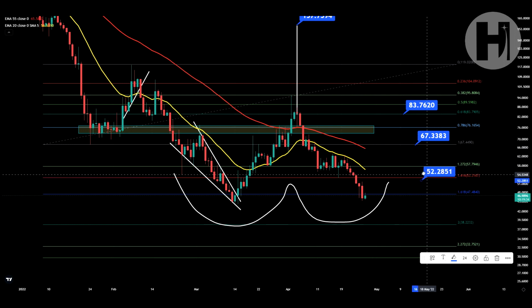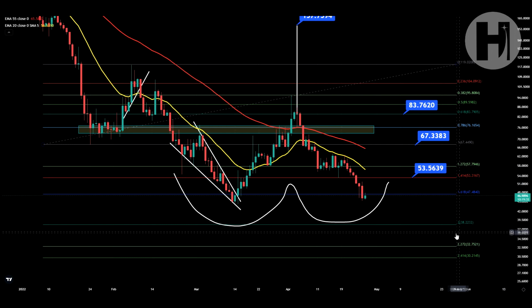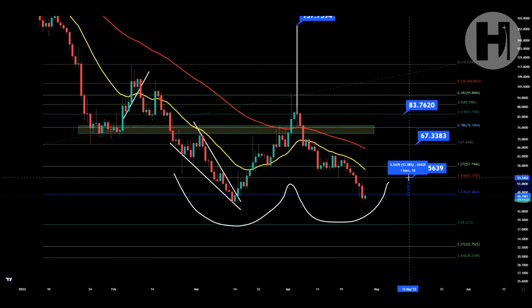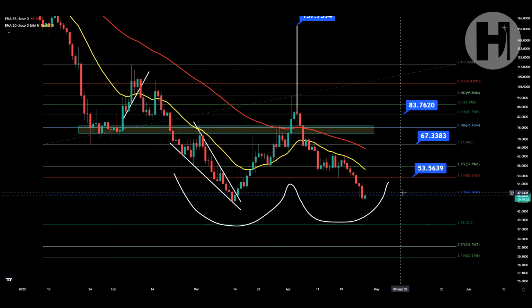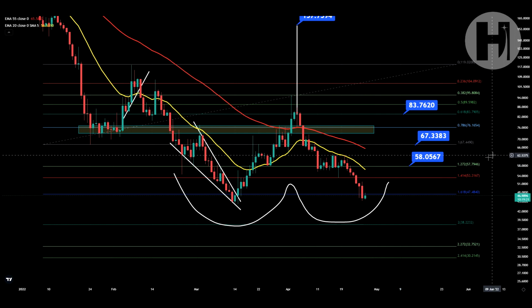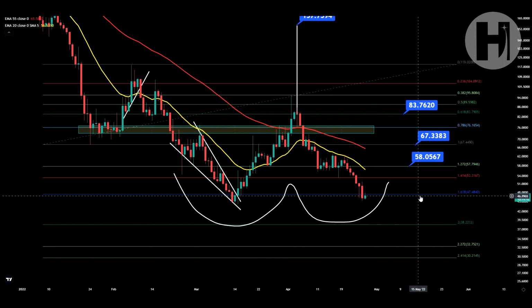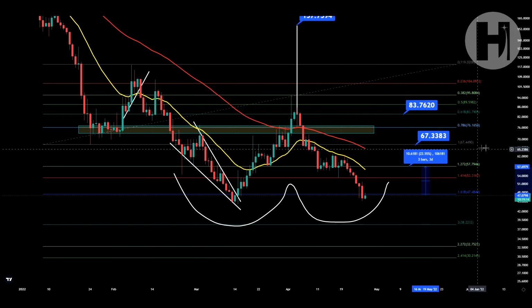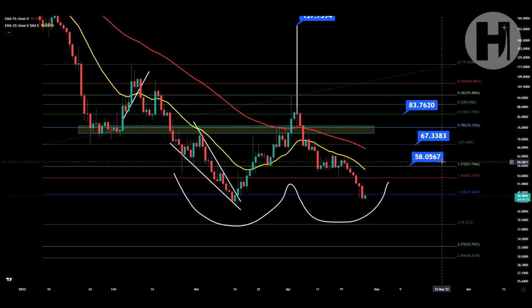Now, above us, we have a resistance level at $53, which could be a nice 14% trade for you if you want to enter at the 1.618 right now. Above that, we have the 1.272 at $58, and that would be a nice 22.5% trade.